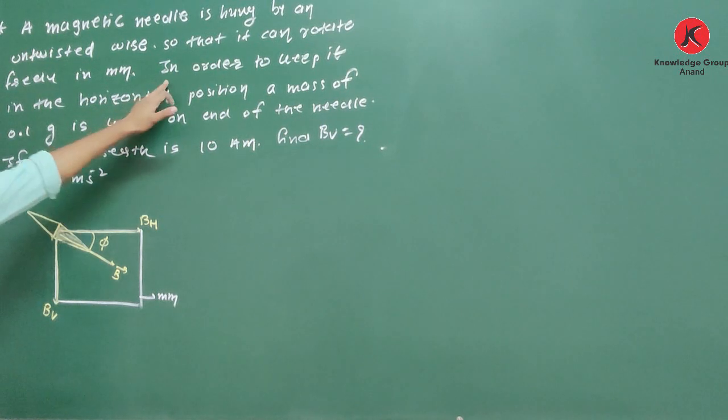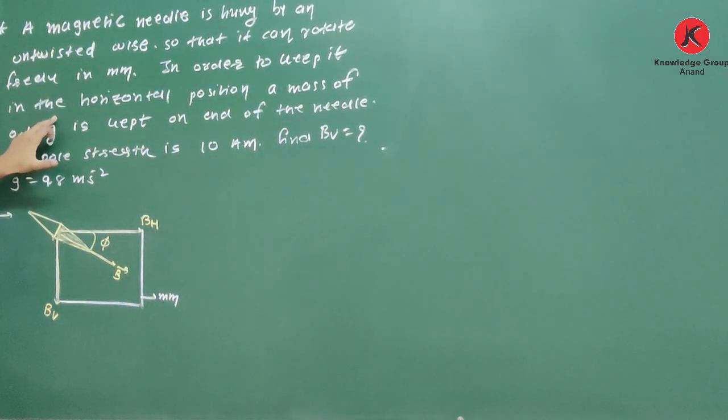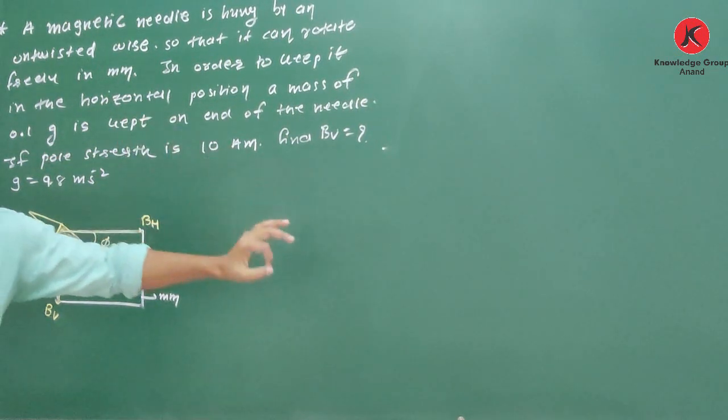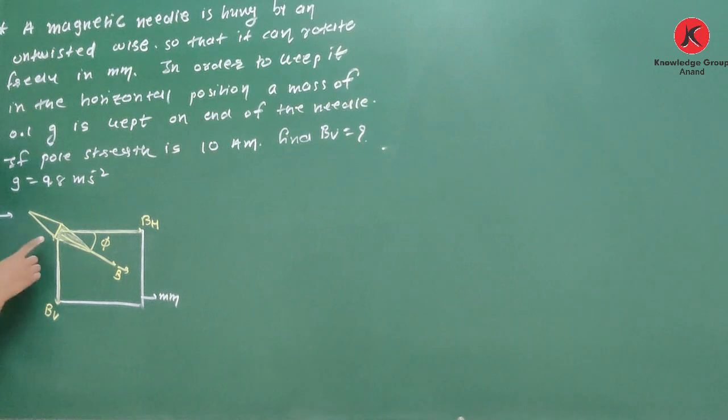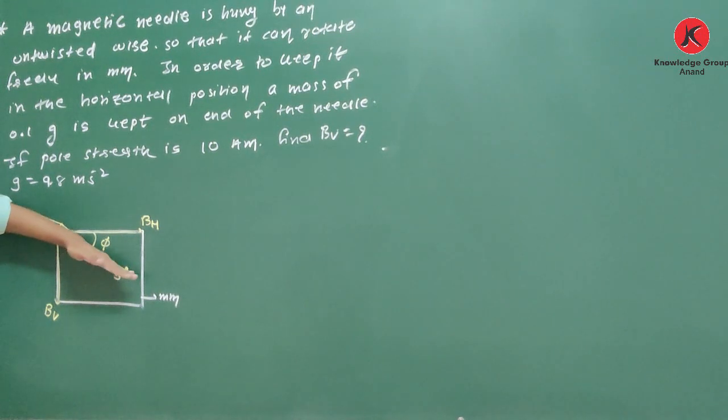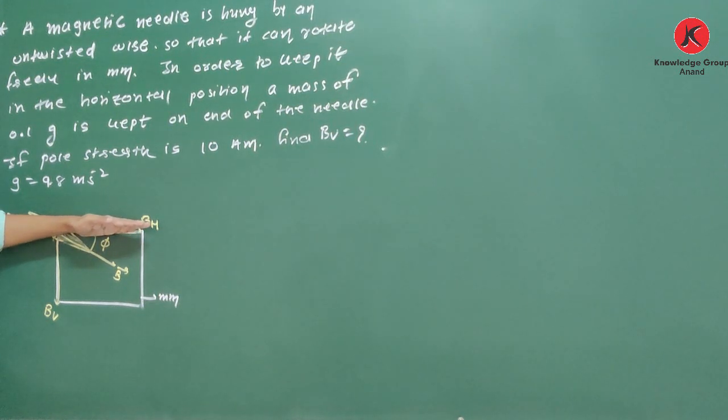Now what is the question? In order to keep it in horizontal position, a mass of 0.1 gram is kept on one end of the needle. You have to put the mass of 0.1 gram on this end of the needle. If you put the mass here, the gravitational force mg acts in the vertically downward direction. So this needle will rotate and align in the horizontal direction.